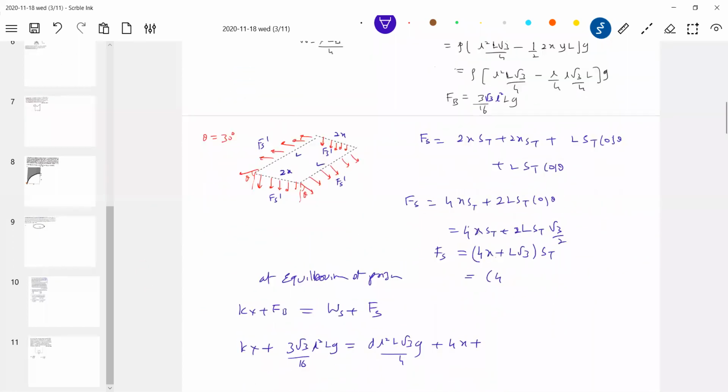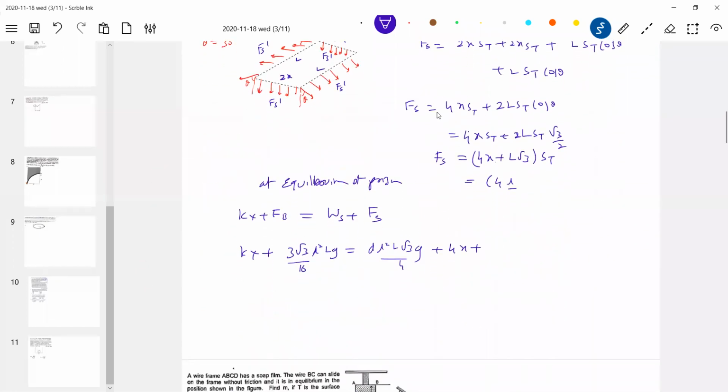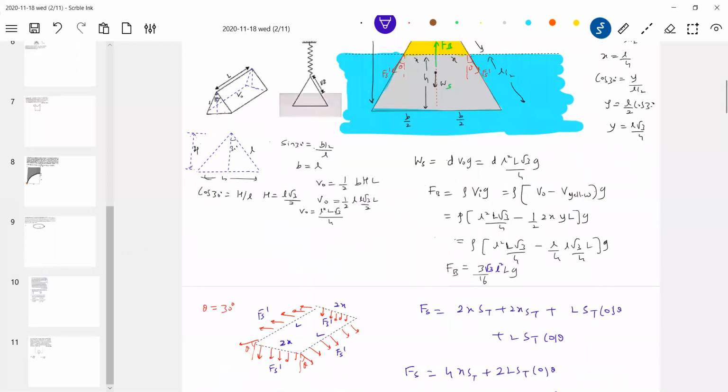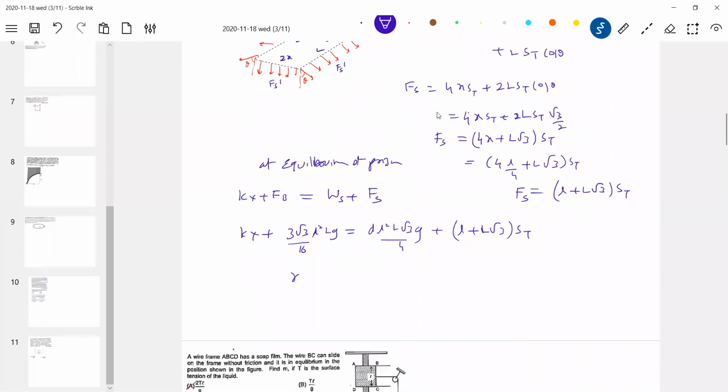L by 4, no? Yes. So this will be L by 4, L root 3 into S_T. So this will become L plus L root 3 into S_T. I'm writing S_T for surface tension, whatever symbol S you might have given. What is being asked now? Calculate the extension in the spring. So solve for x.